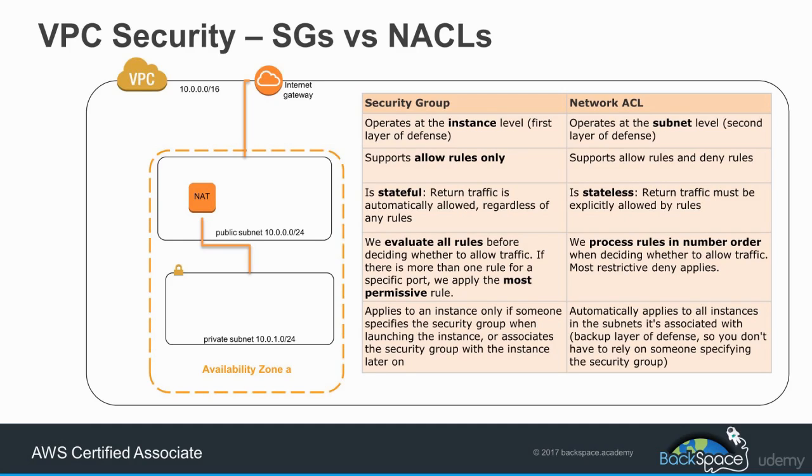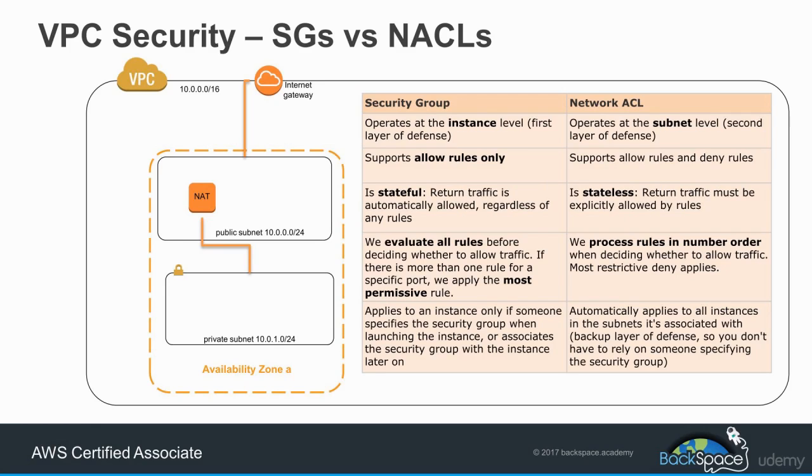Network ACLs operate at the subnet level and provide that second layer of defense. So if you have a poor security group, that instance will still be controlled at the subnet level by a network access control list, if it's there. It supports both allow and deny rules, and it's stateless.